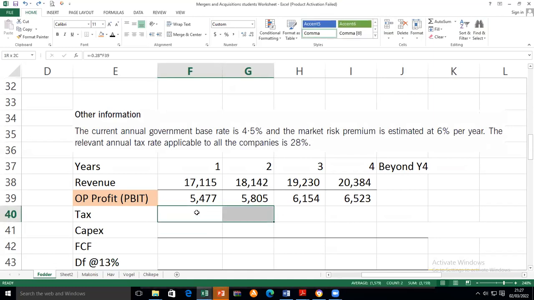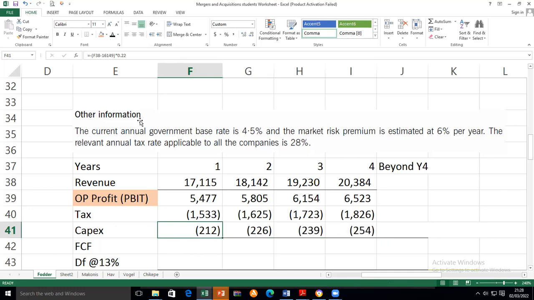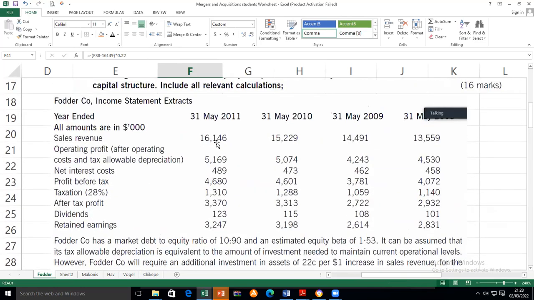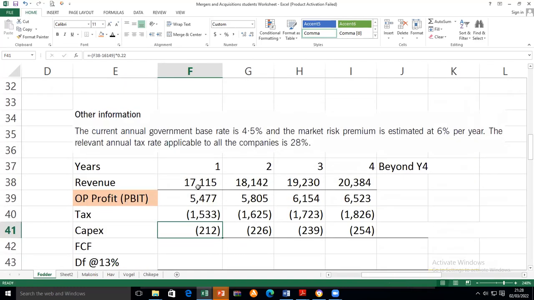So let us now calculate. You subtract 16,146 from 17,115.